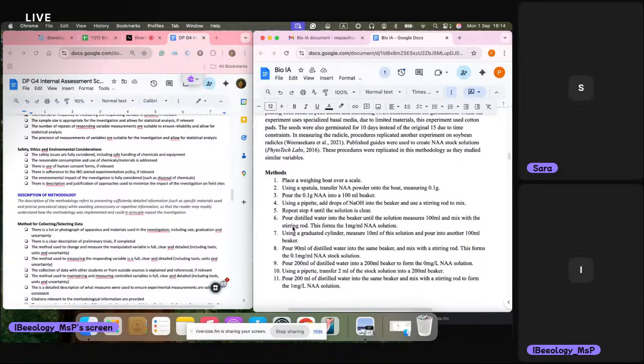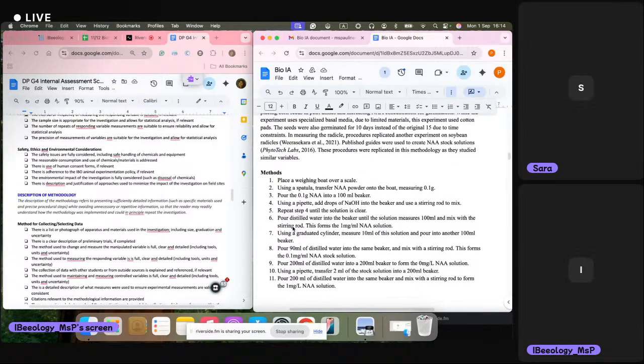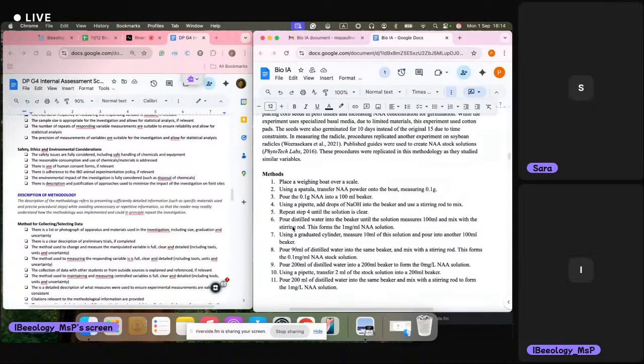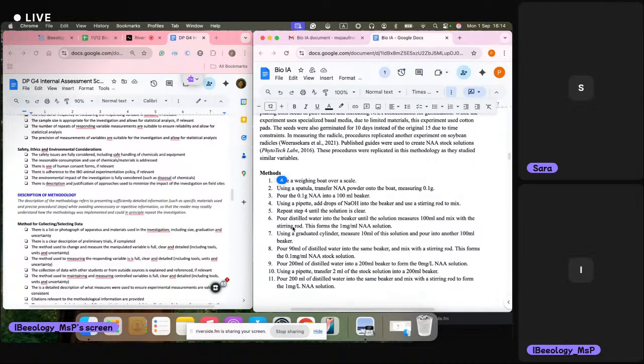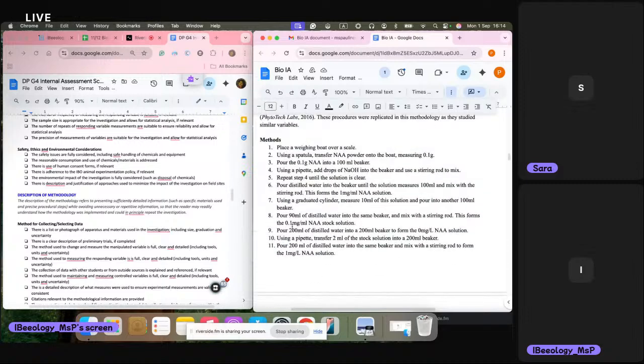For the sake of conciseness and consistency, because your lab report is a report of an investigation that you have already done, it would be ideal if your methods is also written in the past tense.